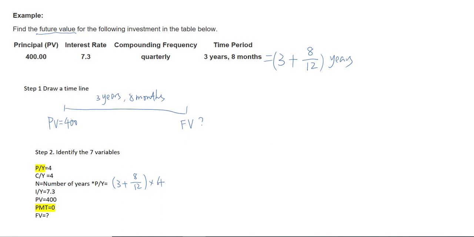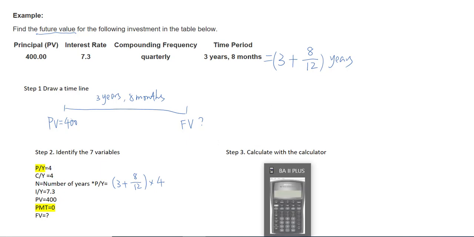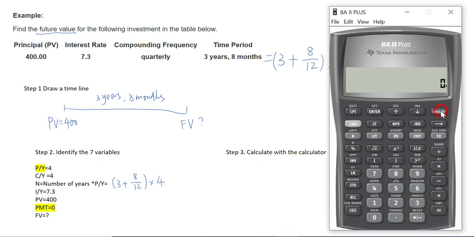Now with all of these variables ready, we can do the step 3, which is using the calculator. Calculate with the calculator. And let's see. We turn the calculator on. So first, go to second and PY to enter PY and CY. So my calculator, PY is already 4, but if yours not, you do 4, enter to change it.